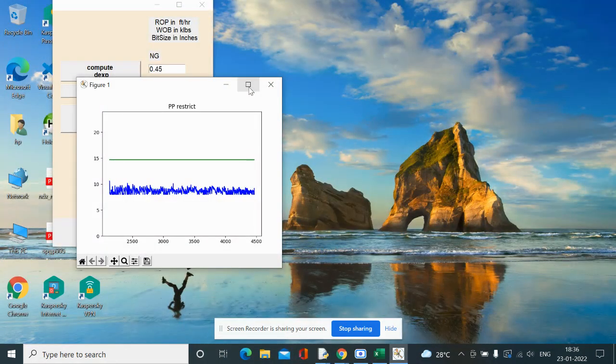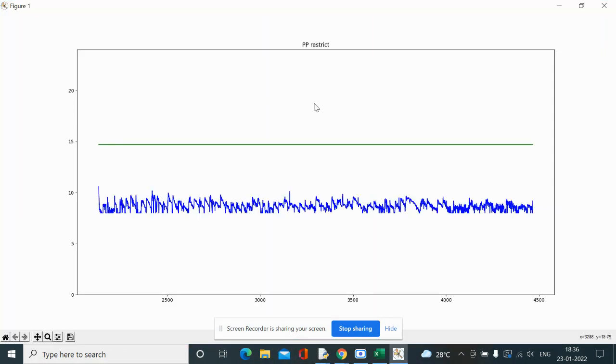Now comes the restricted pore pressure plot. Here I have restricted the pore pressure value 8 as the base value, because any value below 8, or 8.33, is not reasonable.